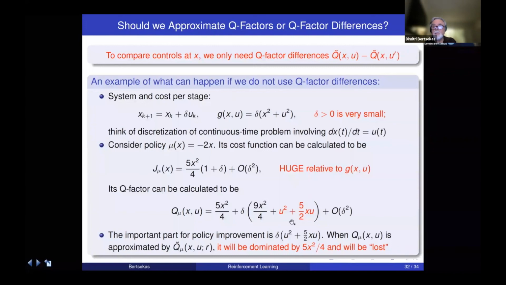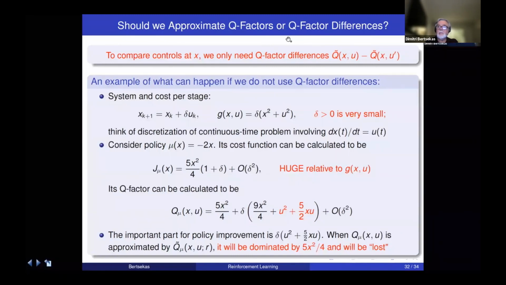And what we're going to have is terms that are proportional to delta, which are comparable, and there's no problem in that case. Now, people have played a lot with this idea of using Q factor differences from the early days of reinforcement learning. There's a methodology called advantage updating, which argues for approximating Q factor differences as opposed to Q factors themselves.